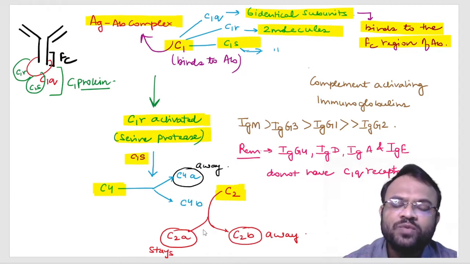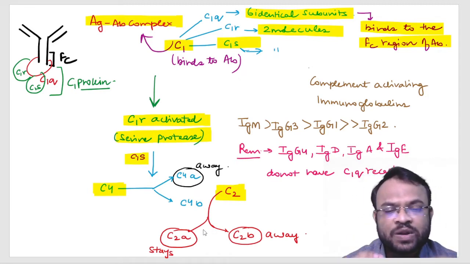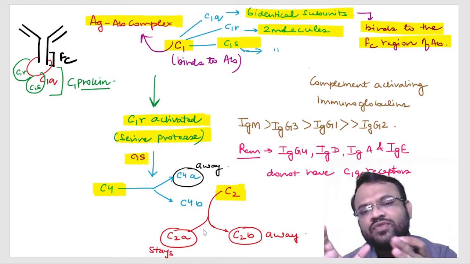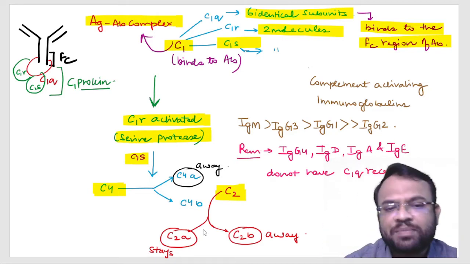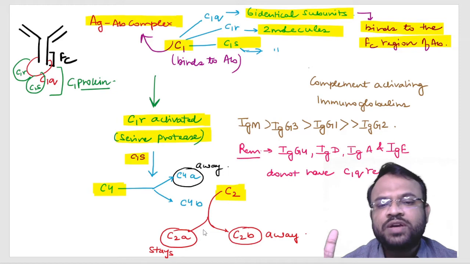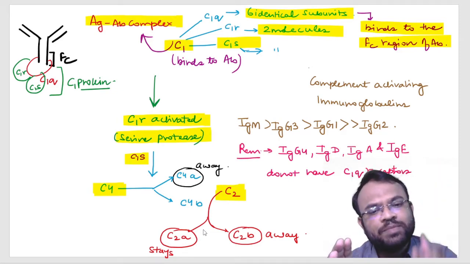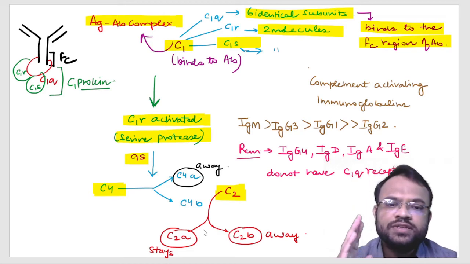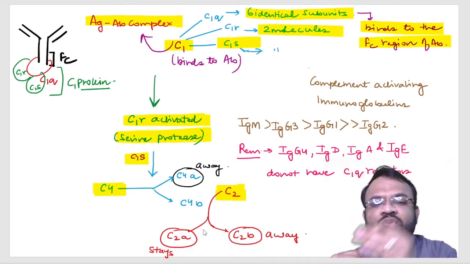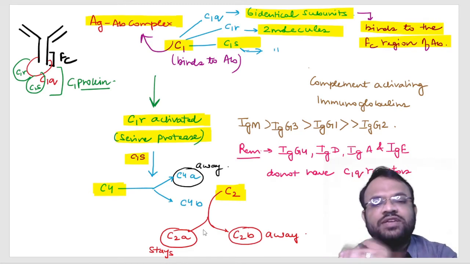Now you would be knowing that whenever the cleavage of a particular complement protein happens, it forms 2 parts, A part and B part. So over here this C4 will be broken into C4A and C4B.